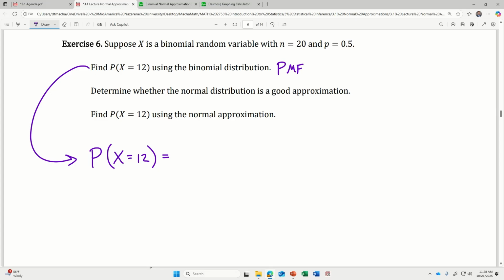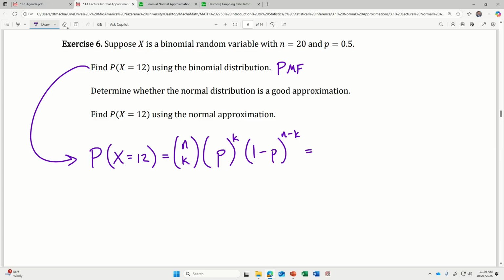And we know the probability mass function is n choose k times p raised to the power k times 1 minus p raised to the power n minus k, right? Here k is 12, because I'm looking for the probability that x is equal to 12.